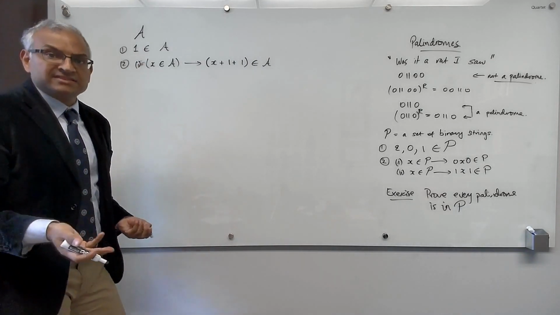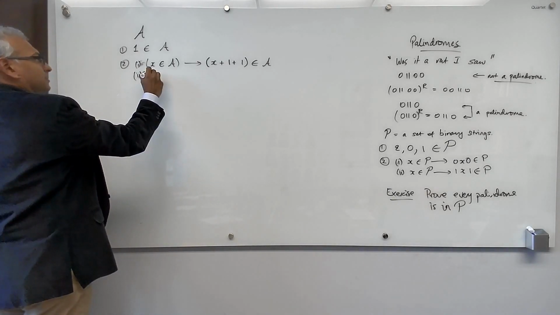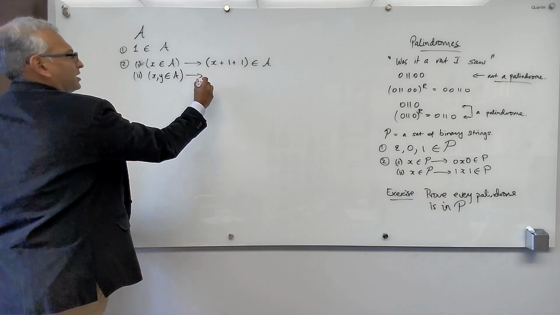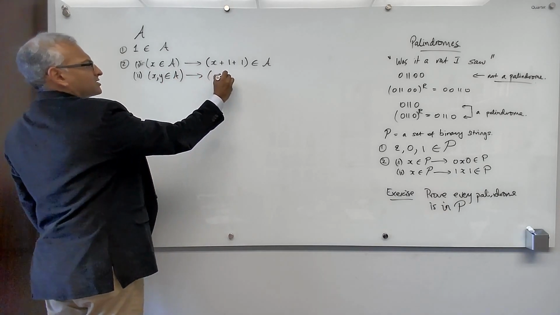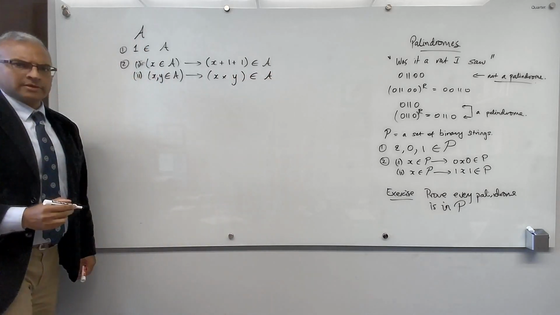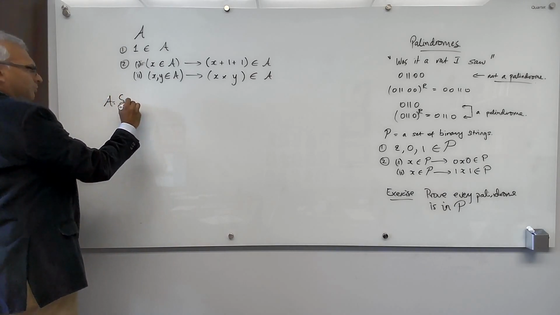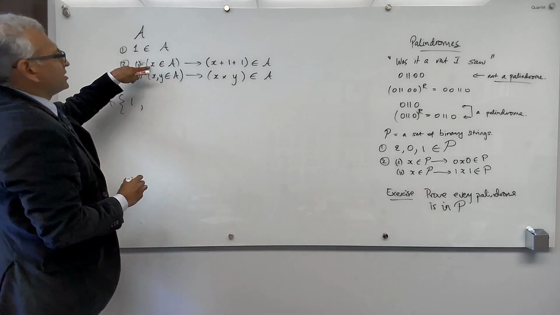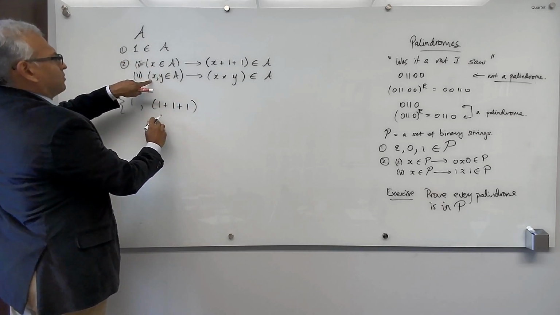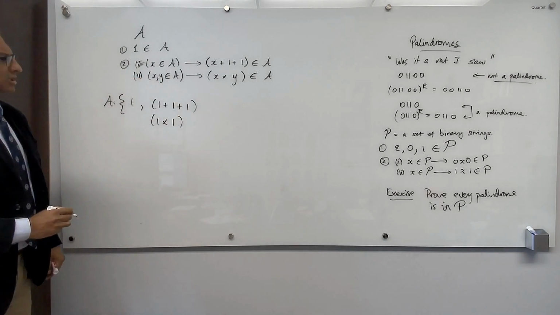I can define any set I want, so I'm defining a set. Let's see what it is. My second constructor: if x and y are in A, then in parentheses, x times y is in A. Okay, so let's see what's in A. Well, 1 is in A. And then since 1 is in A, you get (1+1), and (1*1). Interesting.